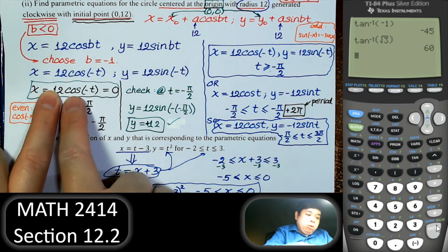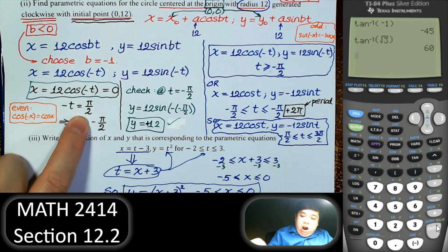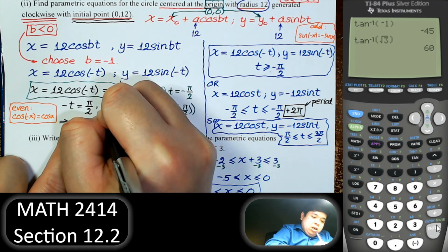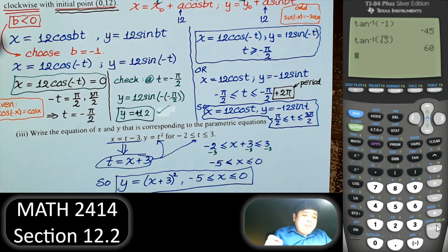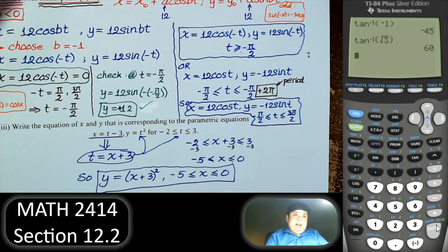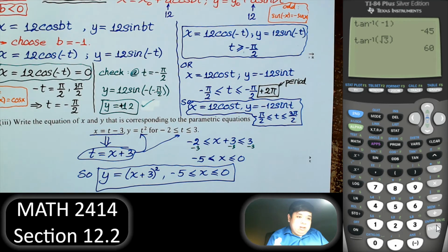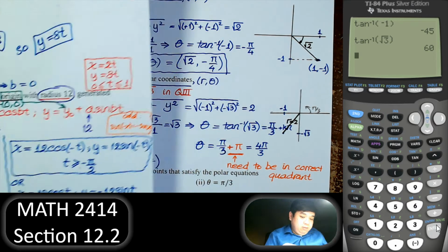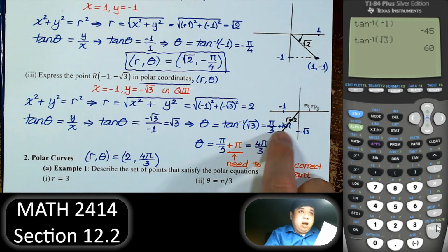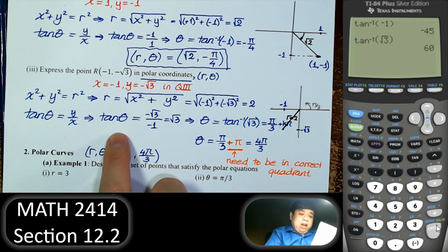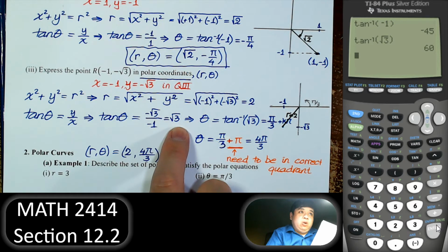Bottom line is when we have cosine equal to 0, it could be pi over 2 or 3 pi over 2. So my point here is whenever we solve a trig function, there would be more than one answer. Let's choose the one that is good. So tangent equal to square root of 3, there are a lot of angles theta that have the tangent equal to square root of 3.